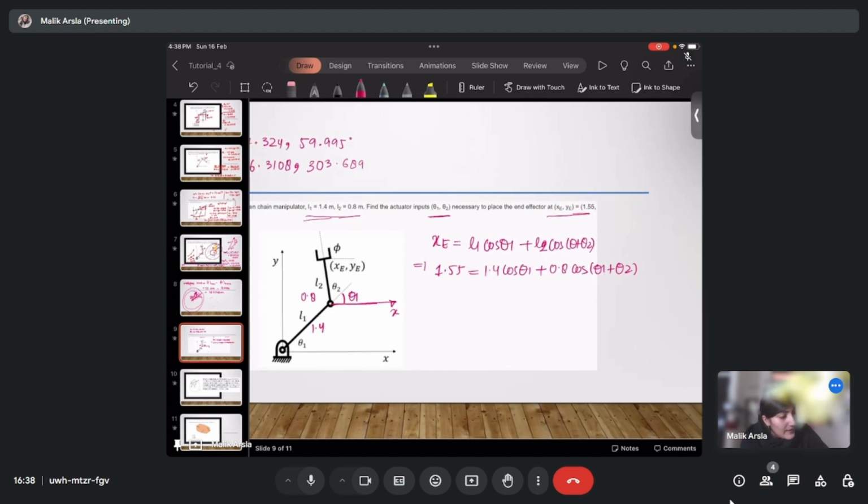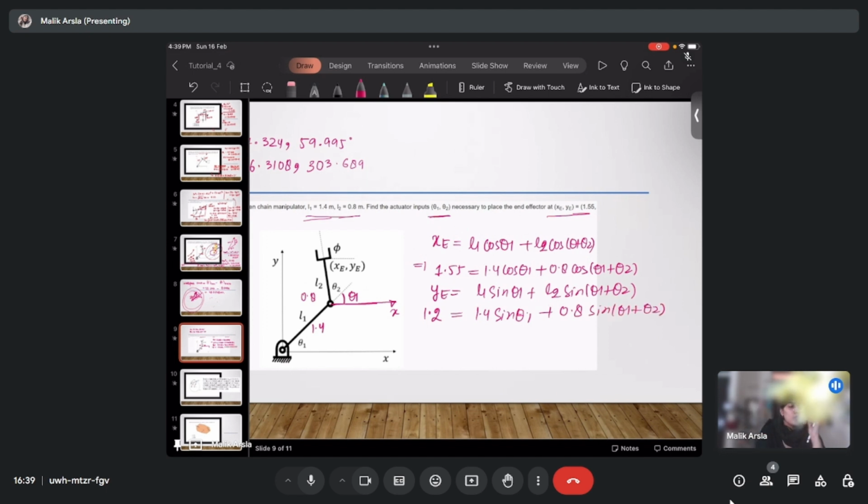And similarly y can be written as, y will be what? L1 sine theta 1 plus L2 sine of theta 1 plus theta 2, where ye is given as 1.2, right? So it will be 1.4 sine theta 1 plus 0.8 sine of theta 1 plus theta 2.